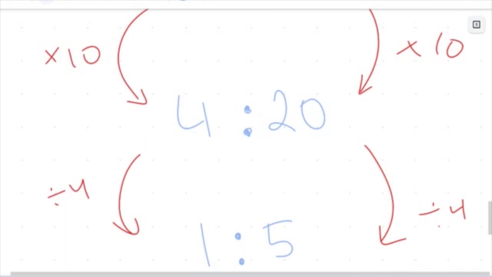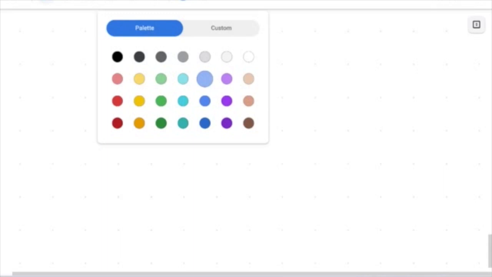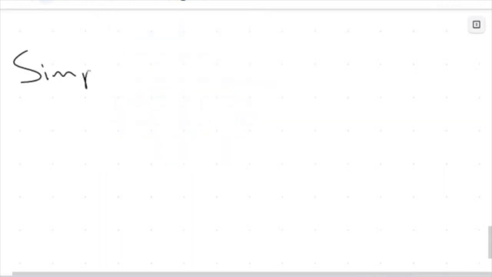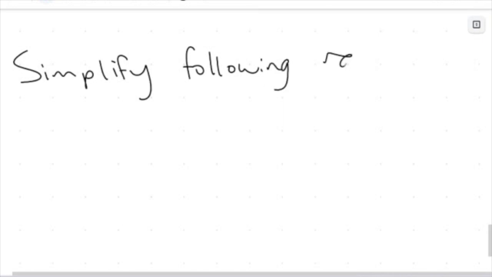And now, just for the end of the video, I'm going to leave a couple of questions just for you guys to practice. It's a new thing we're going to try to do here, but I want you to simplify, if you want to, for extra practice, the following ratios.